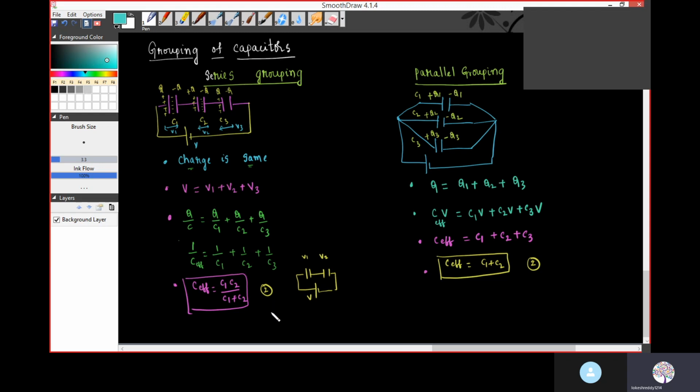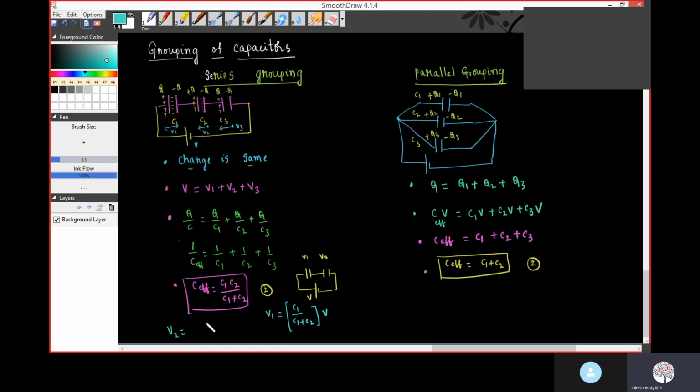I mean, what is the V1 value? V1 will be equal to C2 by C1 plus C2 into V, V is this.